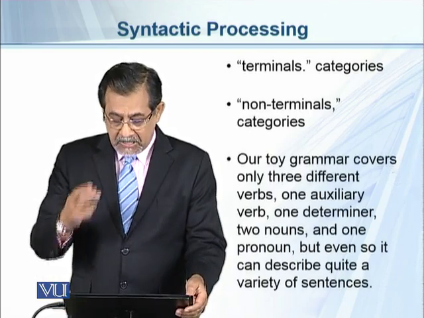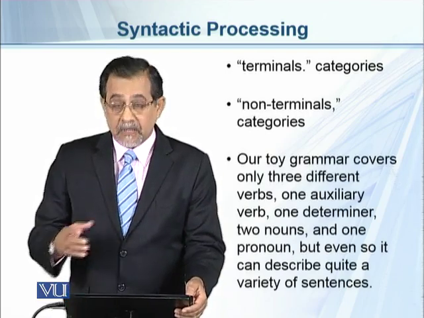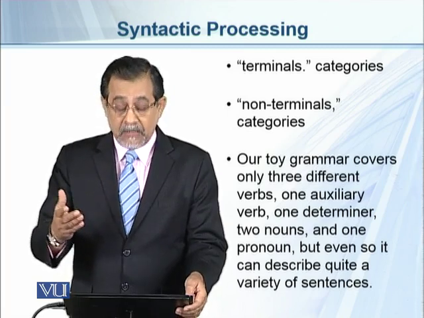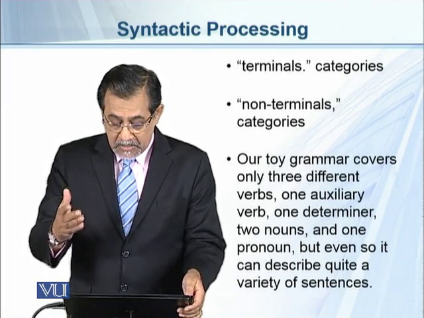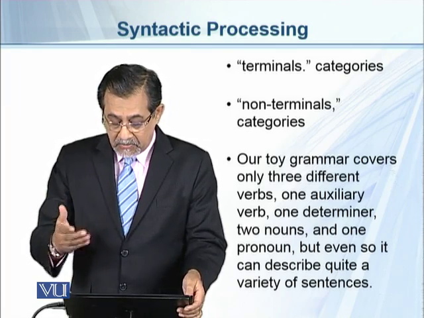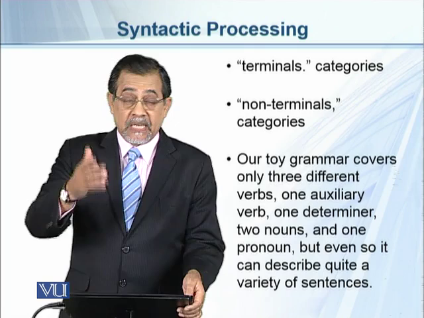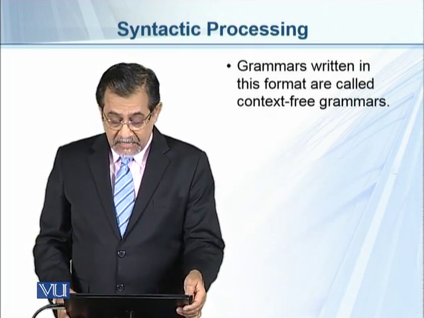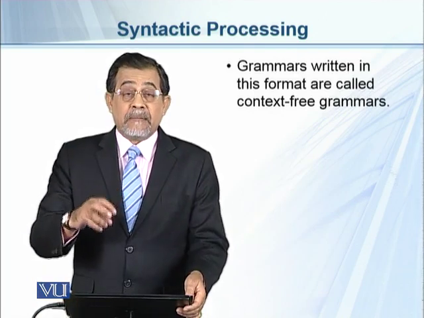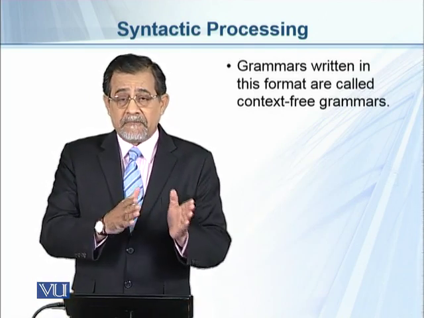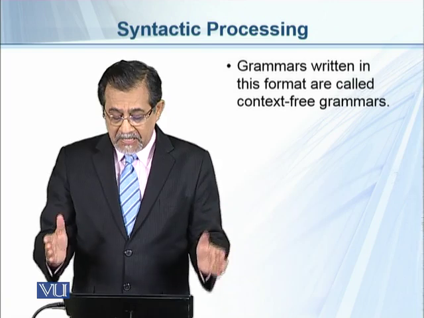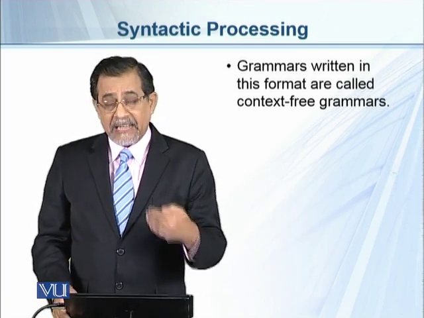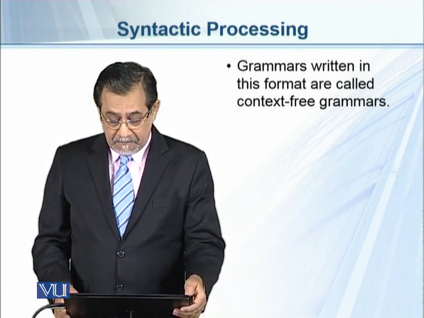Our toy grammar covers only three different verbs, one auxiliary verb and other verbs, and one determiner, two nouns and one pronoun. But even so, it can tell us a lot more about other categories as well. Grammars written in this format, simple phrase structure grammar where we can differentiate words, are known as context-free grammars.